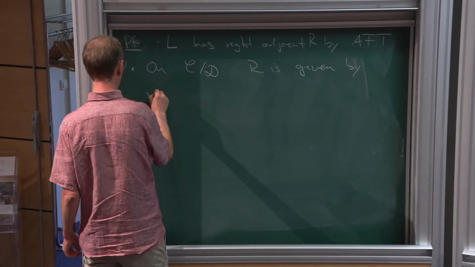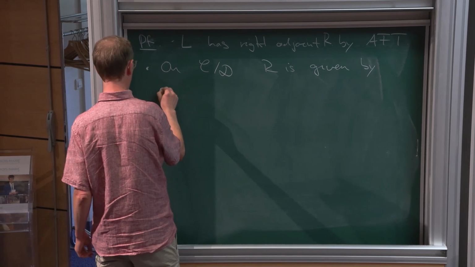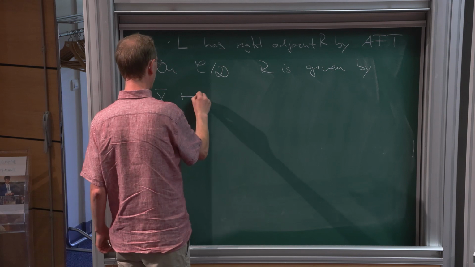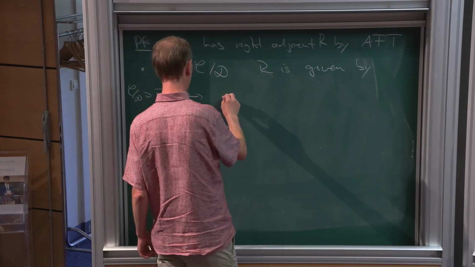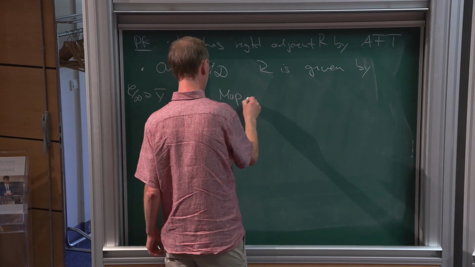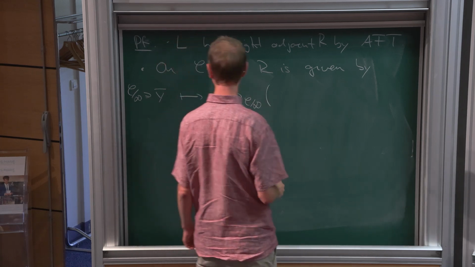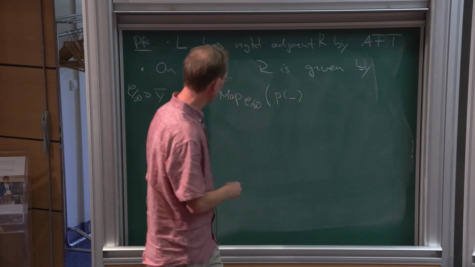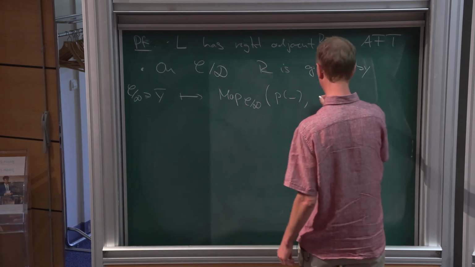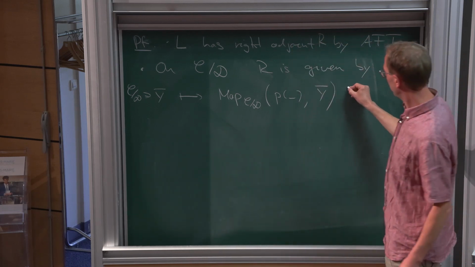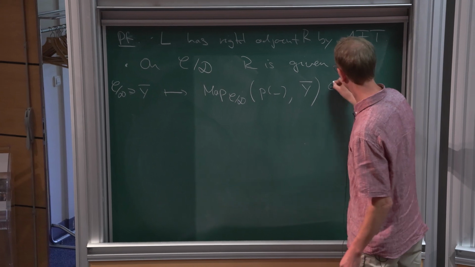So any, let's call it Y bar, in C mod D is sent to the mapping space, now let me write this correctly, in C mod D of P, so you precompose with P, and then you take the Y bar here. Okay, so this is a functor. I mean, this is written here.